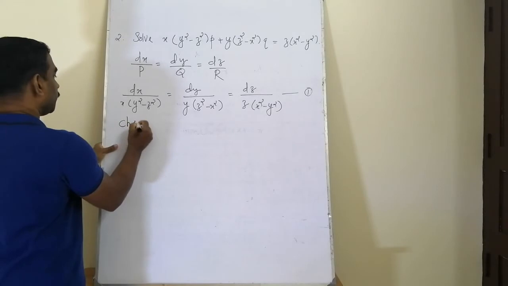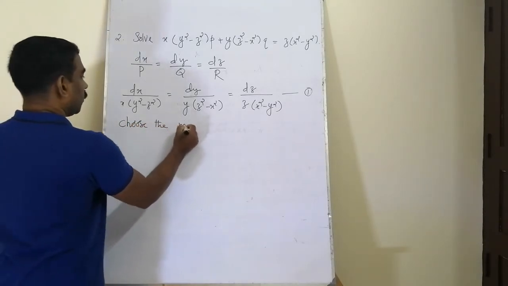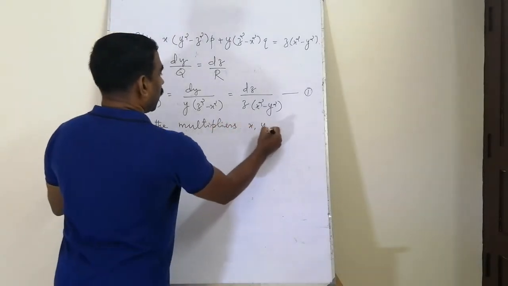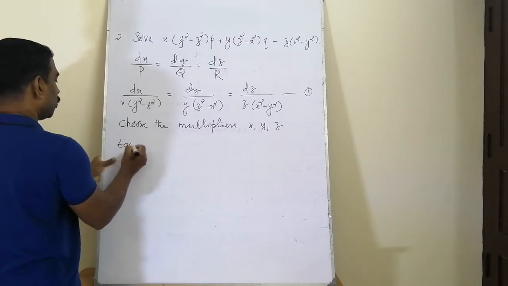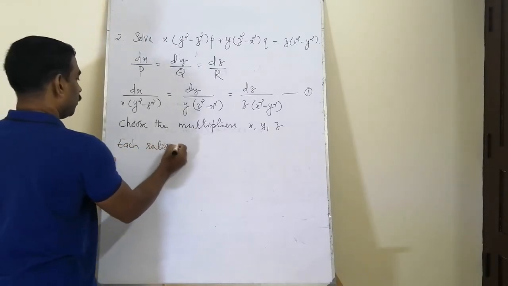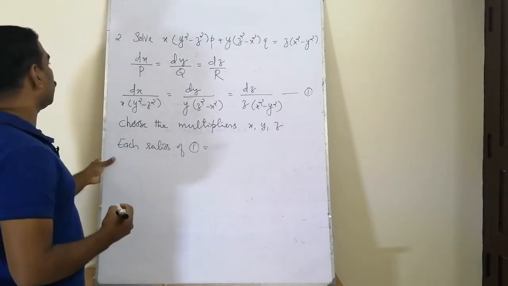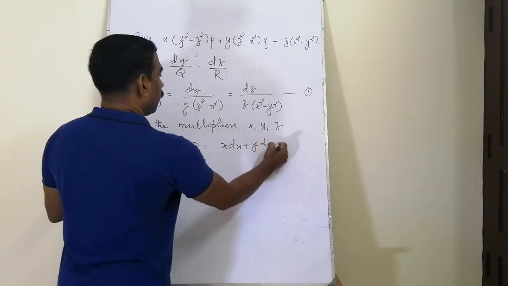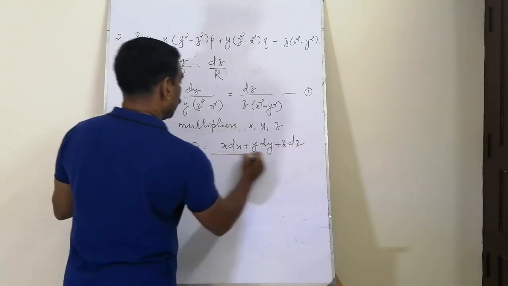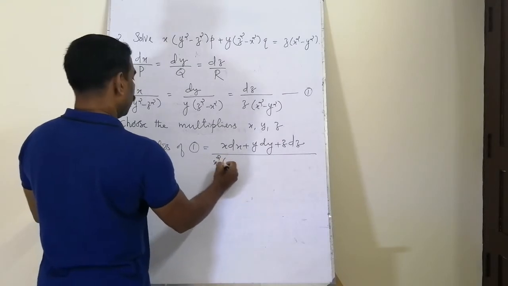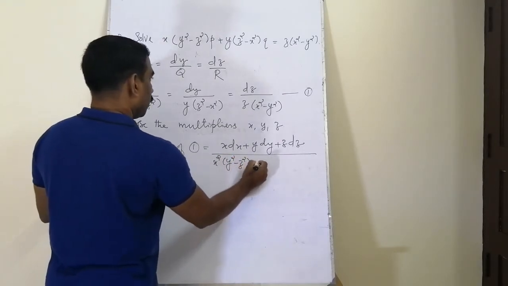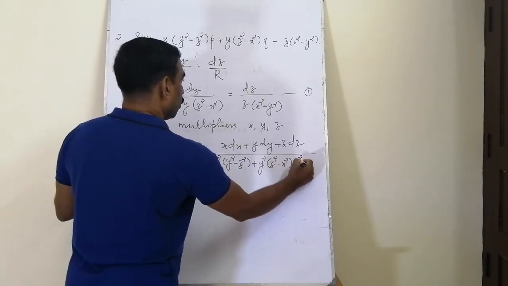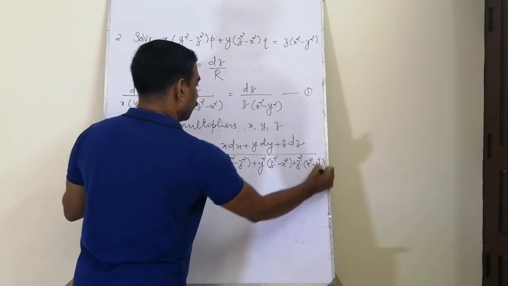Choose the multipliers as x, y and z, and each ratio of equation number 1 is equal to (x dx + y dy + z dz) divided by x²(y² − z²) + y²(z² − x²) + z²(x² − y²).